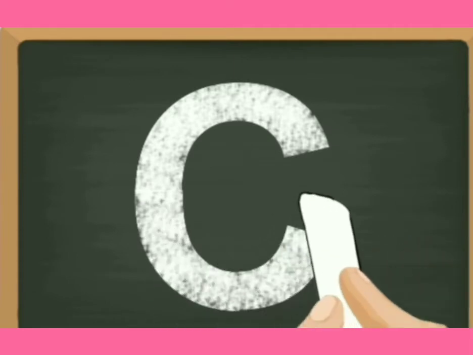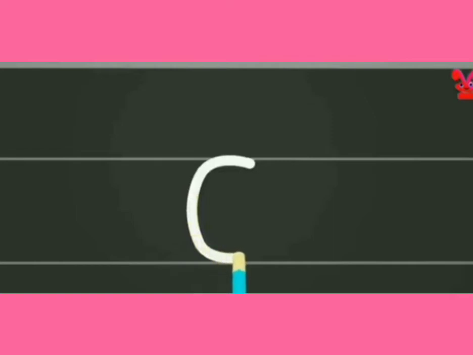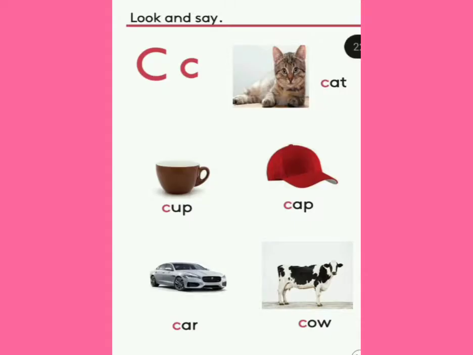That is capital C. For simple C, you start from the top, make a curve and end like that. That is simple C. It is easy to write capital C and simple C. I hope the video tutorial was simple and easy for you, children.